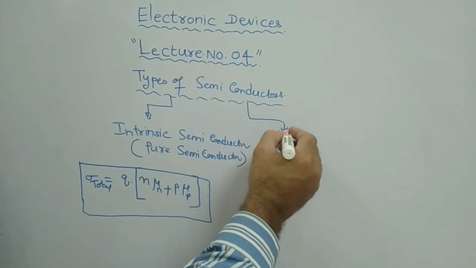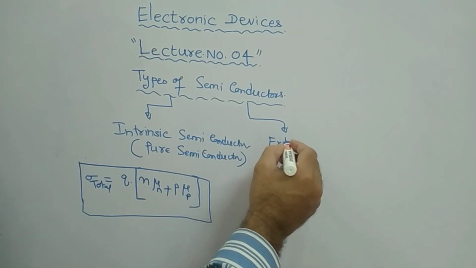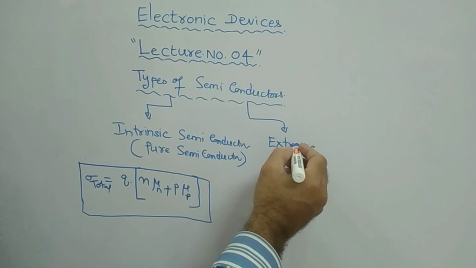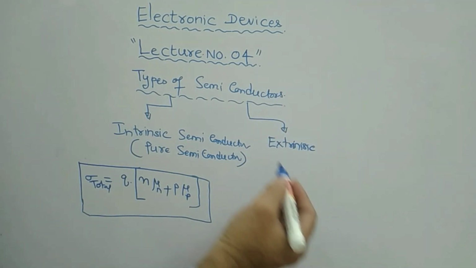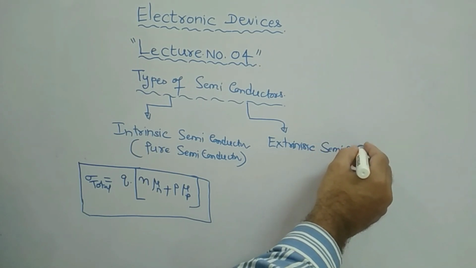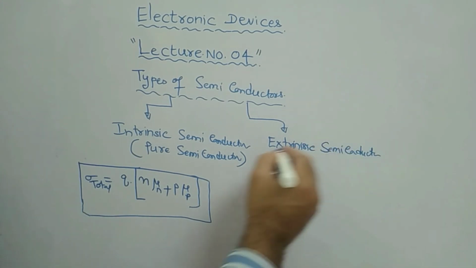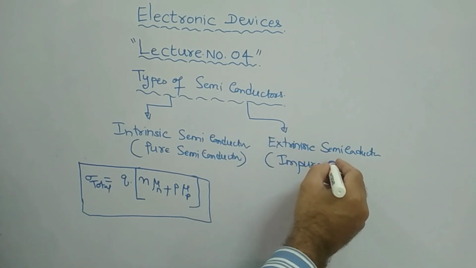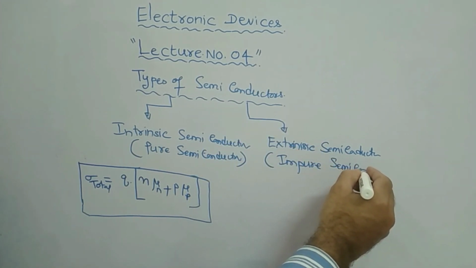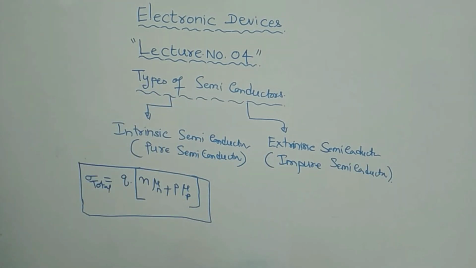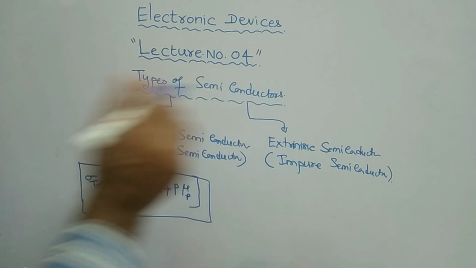And the next classification is the extrinsic semiconductor, also called an impure semiconductor. These are the two important classifications of semiconductor: the intrinsic semiconductor, and the extrinsic or impure semiconductor, right?